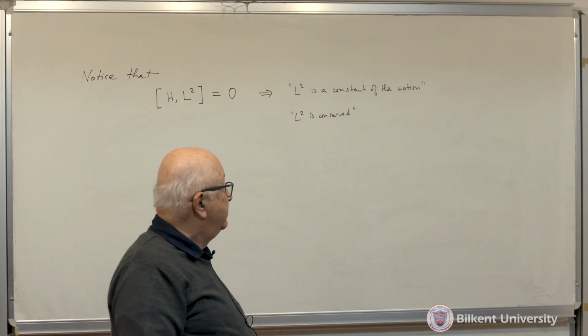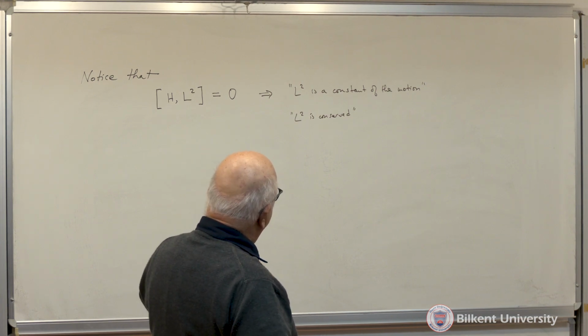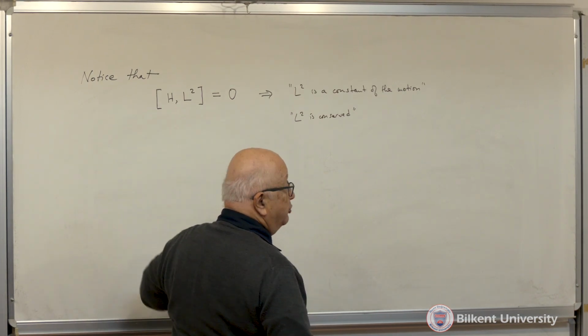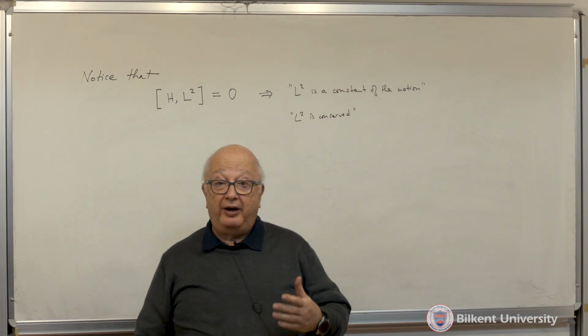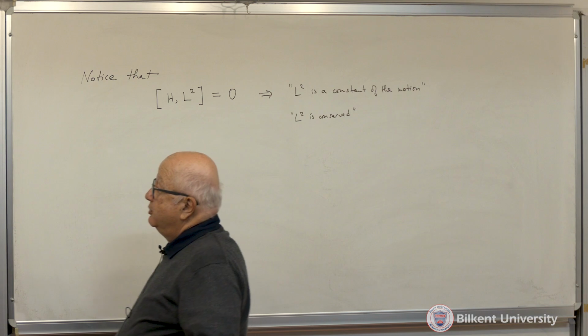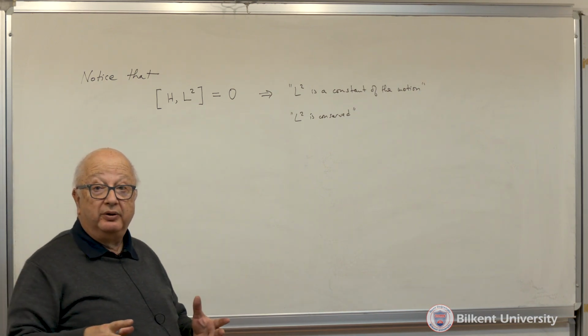You'll see that there is a more general conservation law, but the angular momentum is conserved if this commutes with that. L squared will commute with this radial part, which contains the potential.